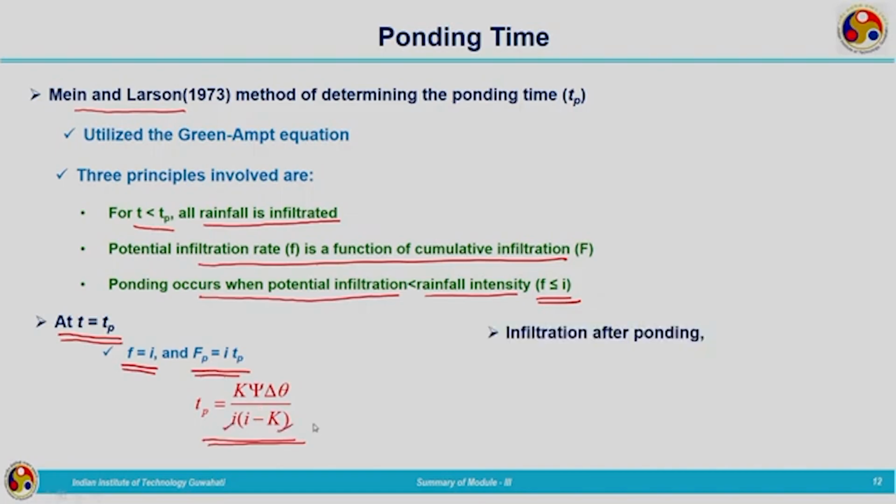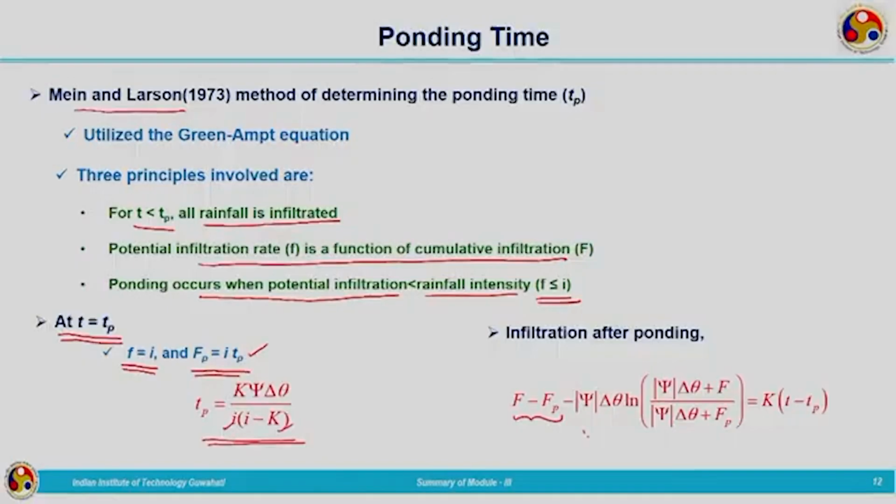Infiltration after ponding was calculated by finding the difference F minus Fp. Fp can be obtained by using I times Tp, and capital F by using the cumulative infiltration expression given by the Green-Ampt equation. So, capital F minus Fp will give you the infiltration taken place after ponding has occurred. That is given by this particular expression.